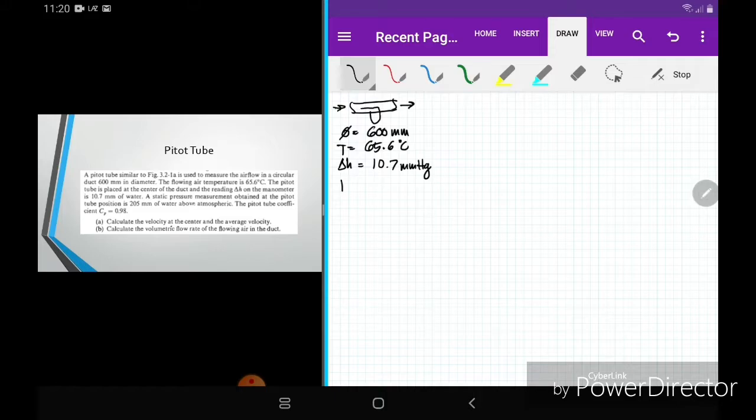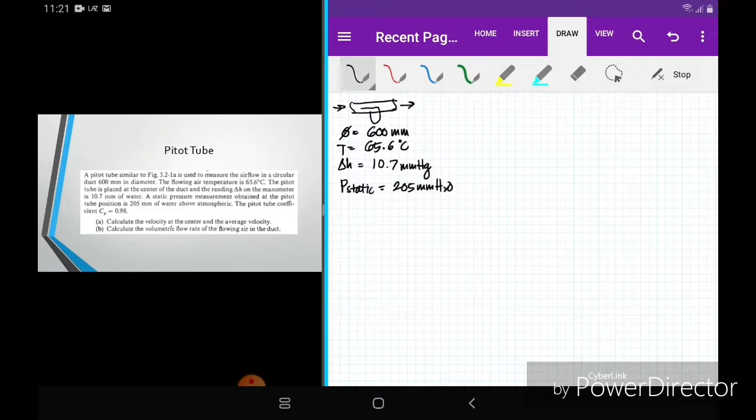So the static pressure is equivalent to 205 millimeters of water, but it's above atmospheric. Which means that this is a gauge pressure, so we're going to have to add 1 atmosphere to it.